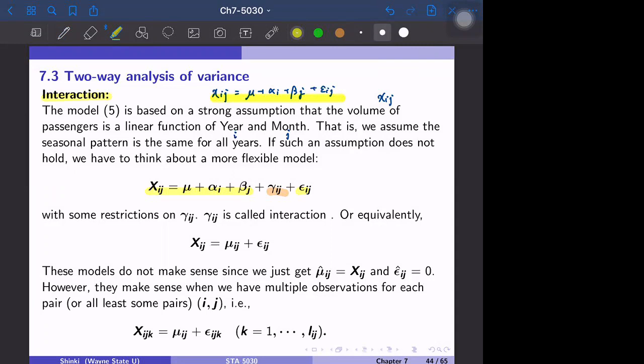And we need some restriction on gamma_ij anyway, because when we introduce alpha_i, we have to set either alpha_i equal to 0 or the summation of alpha_i equal to 0 to avoid redundant parameters. We have to do something similar for gamma_ij, but we can include this gamma_ij to consider the interaction between the first factor and the second factor.